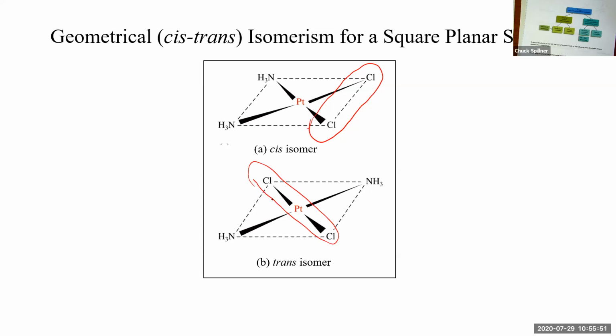If you have three amines or three chlorines, you can't have cis or trans because the way they're arranged around this shape would be the same.